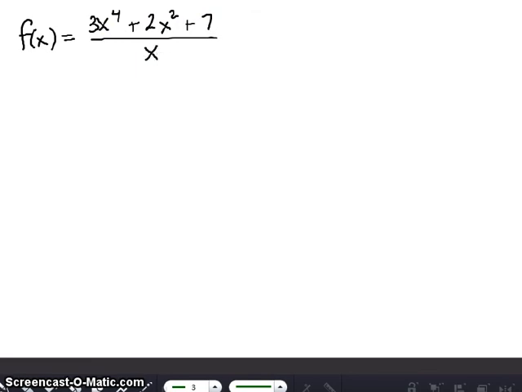Now, we're not going to be able to get rid of every quotient and turn it into a power rule problem, but some of them we will, and those special ones look like this.